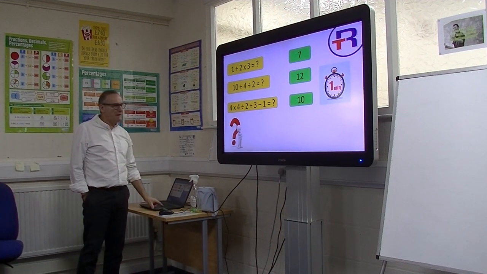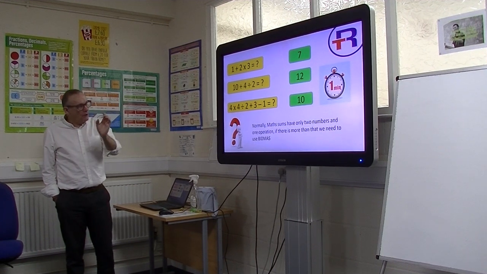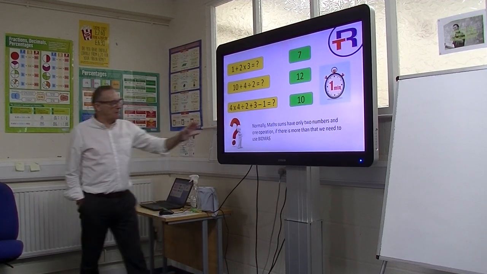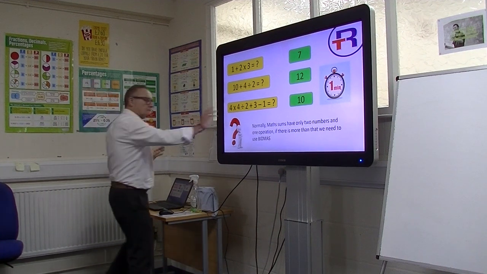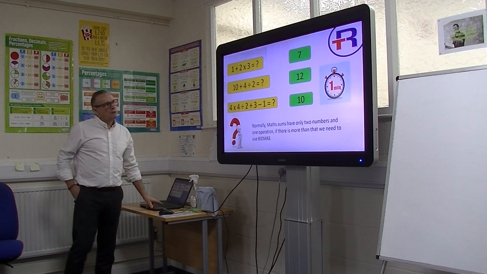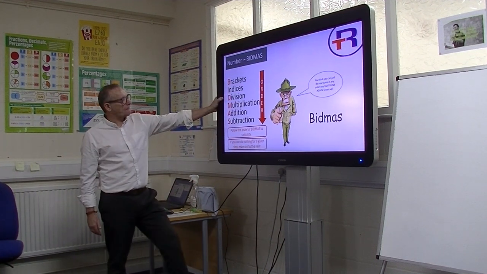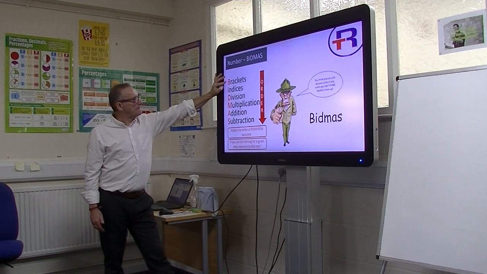That's the order that you've got to do that particular sum in. So you don't do it left to right. You've got to do it in a separate order, using the BIDMAS rule.